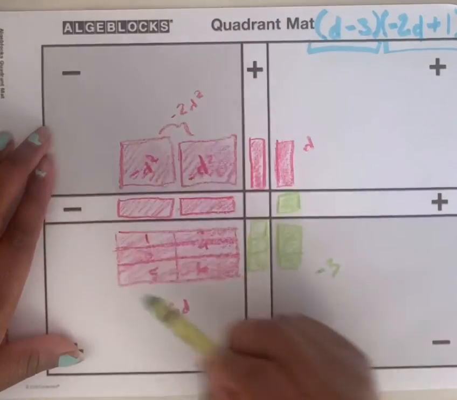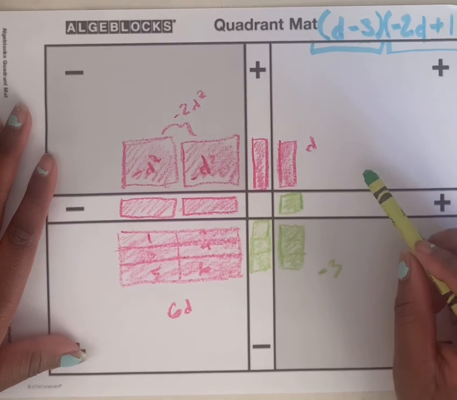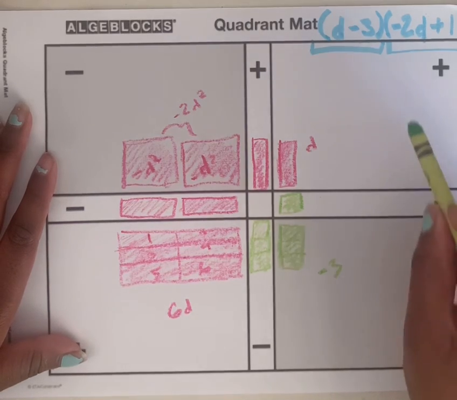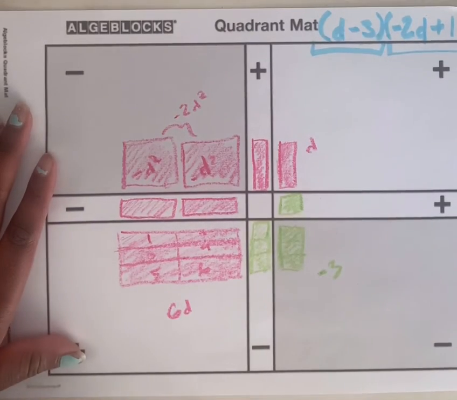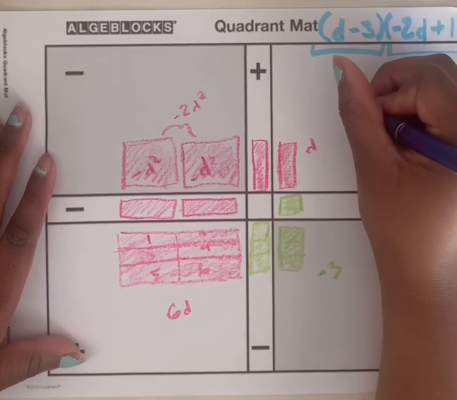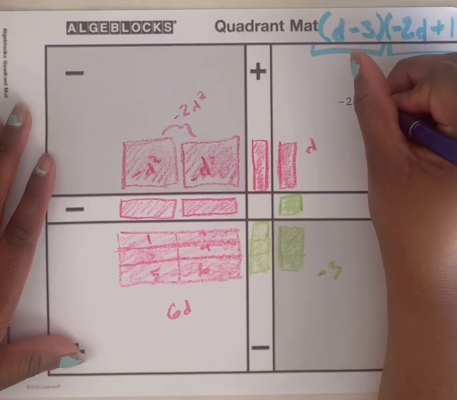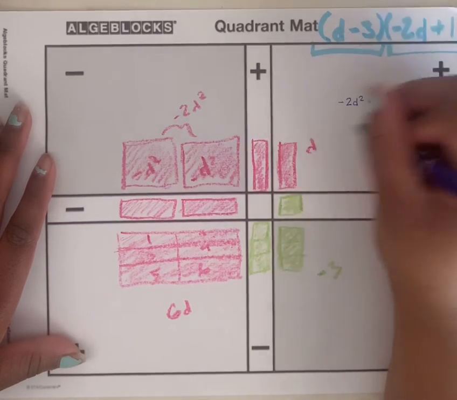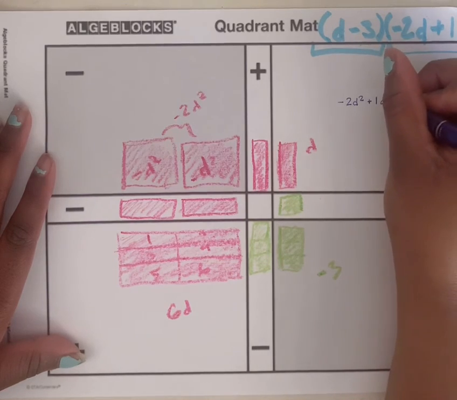So here in our quadrant, we receive 4 different terms that we're going to have to simplify together to get the answer to this problem. So what we have right now is negative 2d squared plus d, which is like 1d technically, so we're just going to put 1d.